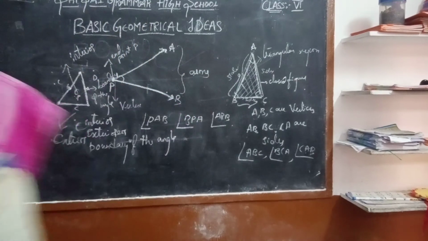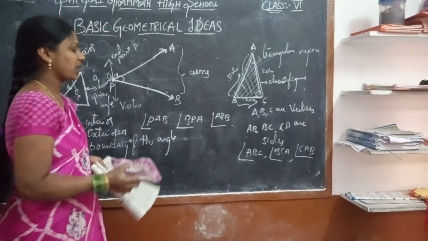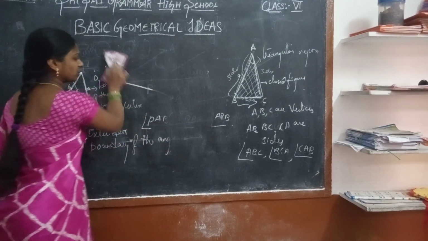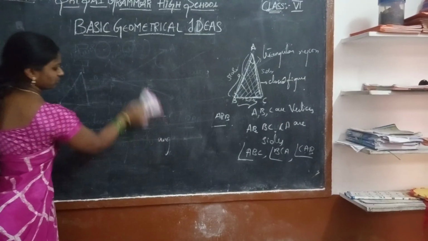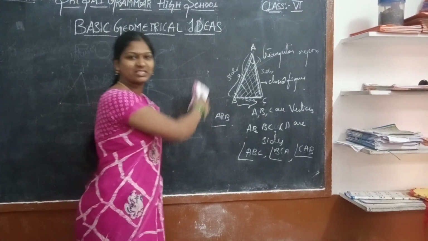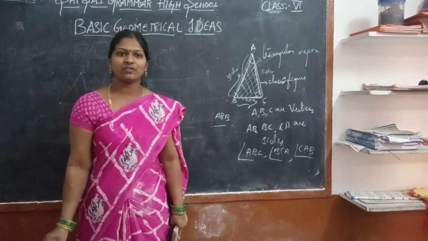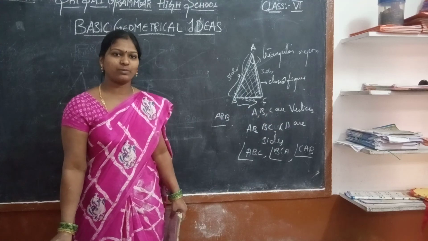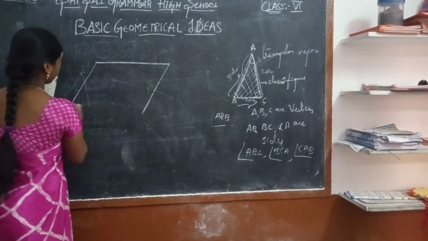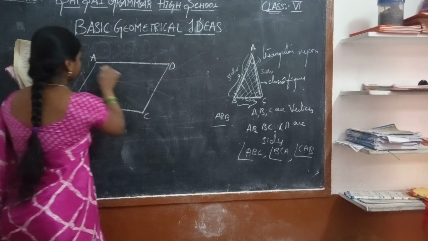We have learnt about the triangle: how many angles and sides are present, how the vertices are represented, and what the boundary of the region is called. Now coming to the quadrilateral, here A, B, C, D.